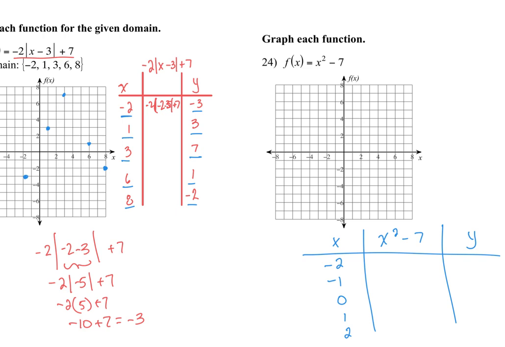But you are picking your numbers here because it can be any number, literally. So you're going to choose your numbers, a couple negatives, a couple positives, and 0. And then you are going to plug those in to get your points.